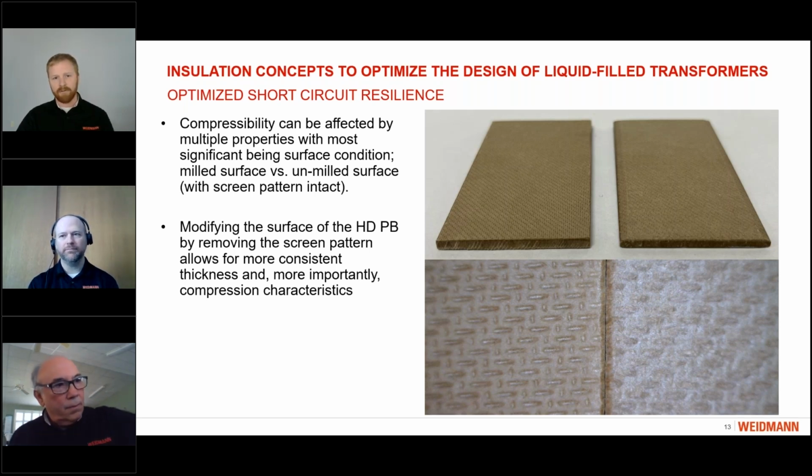On the right, during the manufacturing process for radial spacers, that screen pattern is removed to allow for a much more consistent thickness, and also, more importantly, the compression characteristics that we are desiring.